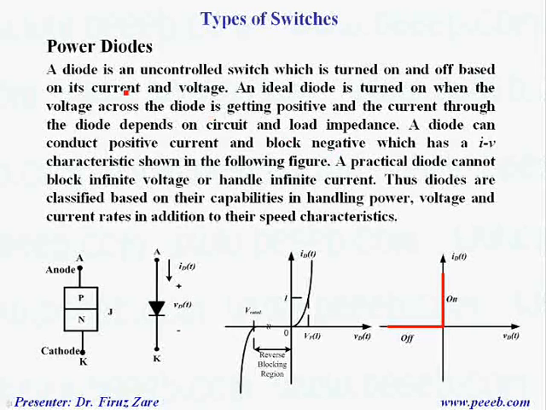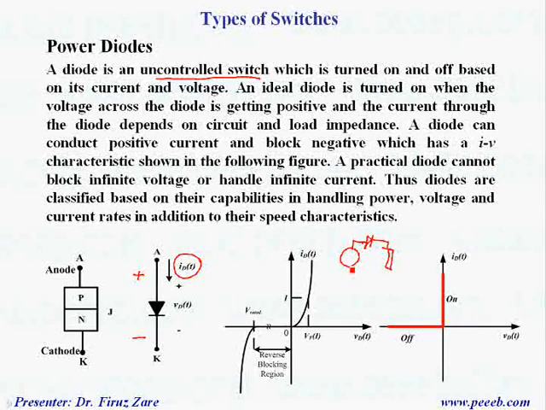Power diodes. A diode is an uncontrolled switch. That means the switch is turned on and off based on its current and voltage. So once the voltage across the diode is getting positive, the diode conducts, and the current through the diode depends on the load impedance. For example, look at this simple circuit: a diode connected to a resistive load, with an AC voltage.